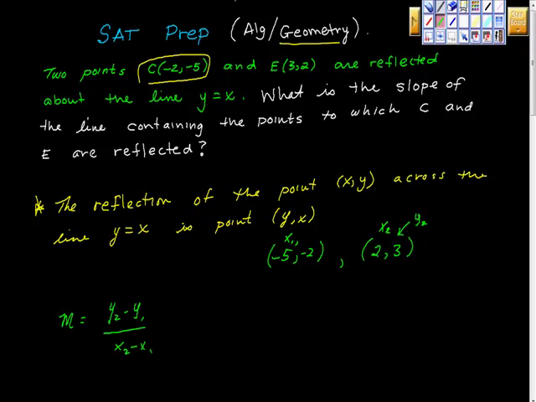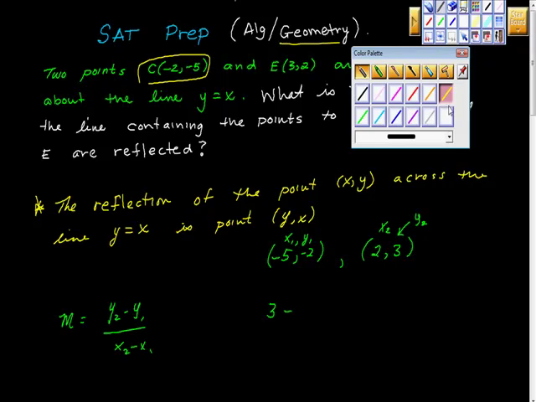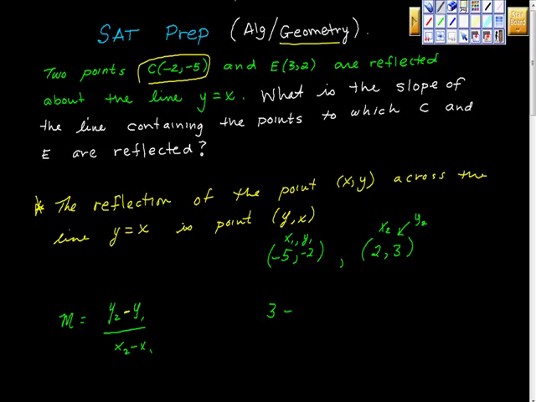And let's just get a good score on the SAT, right? So we'll do 3 minus, look at this for one second. This is also something that gets people a lot. See this negative sign right here? It's y sub 2 minus y sub 1, but y sub 1 is -2. So this negative sign in front of the 2 is from the formula. Remember this.